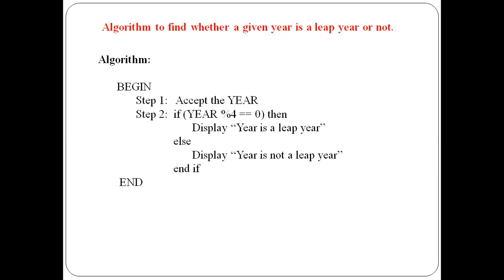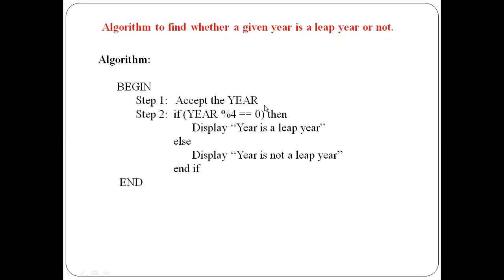I'll show you one example for this, then we'll go for the other. You can see here, whenever we want to write an algorithm, you have to write start or begin, and you have to write end. Start and stop must be there. So step 1. Here we are writing an algorithm to find whether a given year is a leap year or not. In order to find that, what will be step 1? First you have to take the year.